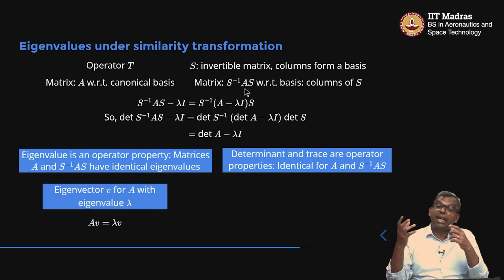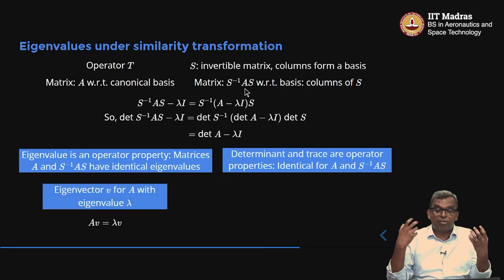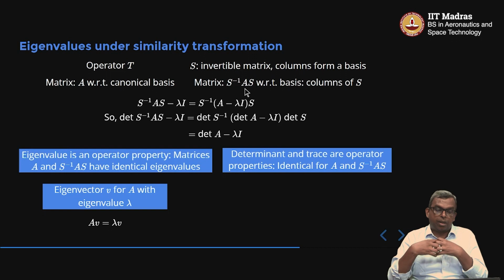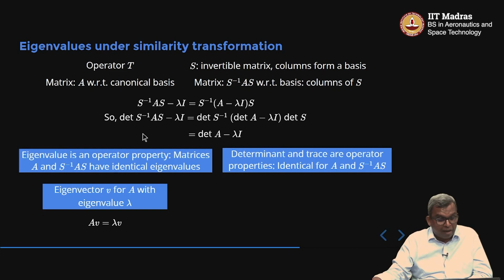Moreover, the eigenvectors of A and the eigenvectors of S inverse AS are also related, and their relationship can also be very easily found. Supposing you have eigenvector V for A with eigenvalue lambda. Okay, now what happens here? You have AV equals lambda V, right? So this is something that you have. Now this AV I can also write as A S S inverse V. I have introduced this S S inverse, which is actually the identity.